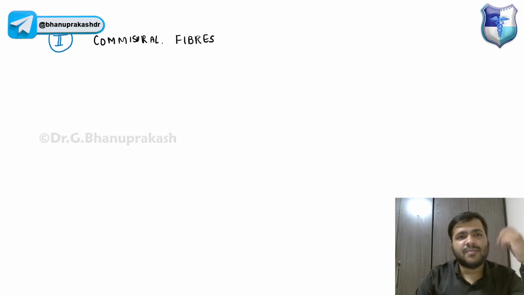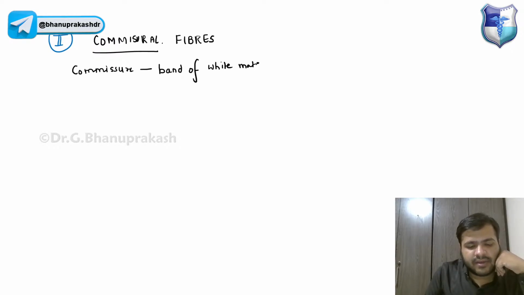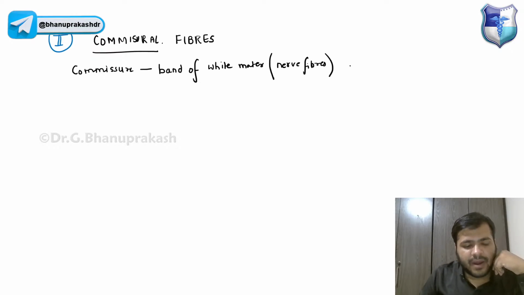Now when I say commissure, okay, what is meant by the term commissure? It is basically a band of white matter, guys, right? White matter basically means the nerve fibers only, right?